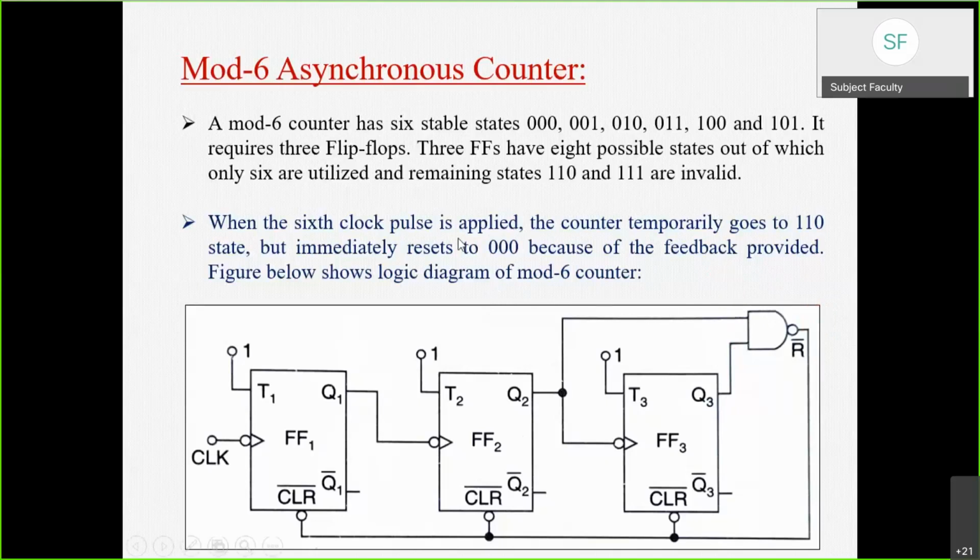Only then is the 0 given to the clear input of all 3 flip-flops, and only then will they be reset.